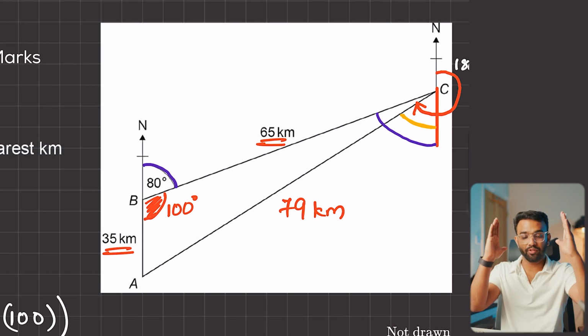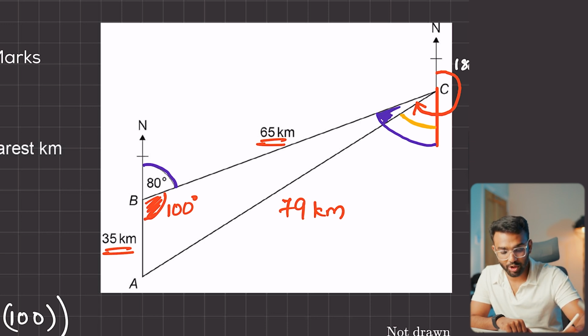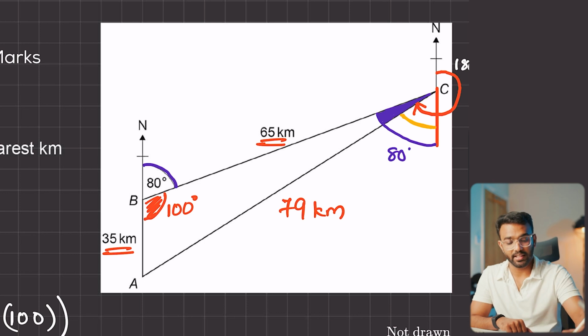We have 2 north going straight, and therefore it is alternate angle, which tells us if you guys work out this purple shaded angle, if you're able to work that one angle out and subtract it from 80, so the total is 80. If you work that angle and subtract it from 80, we will be able to work out the yellow angle. All right, 80 is the total, and we are going to just work out the yellow angle in that case.